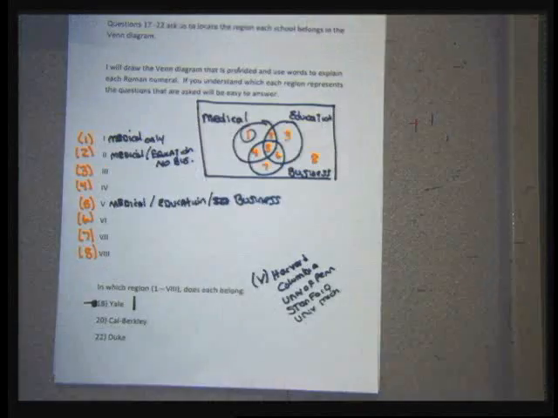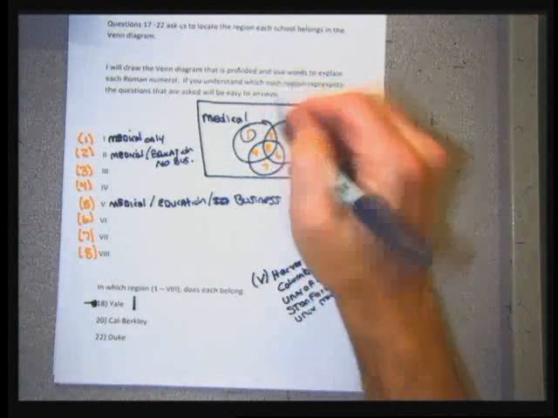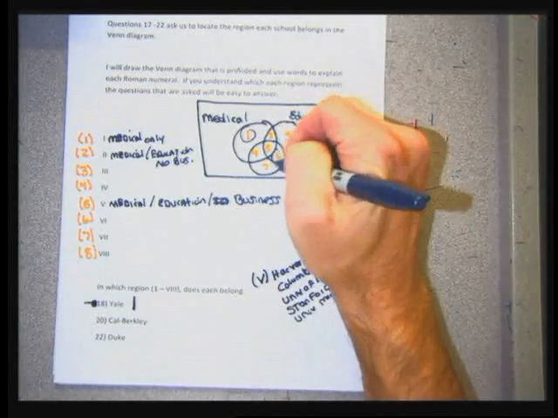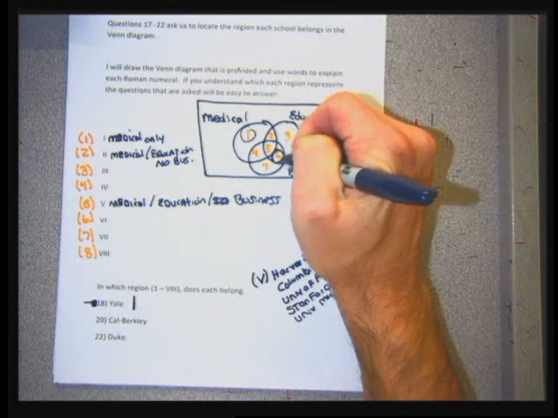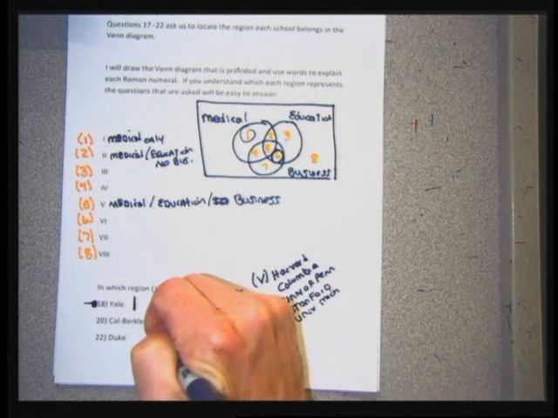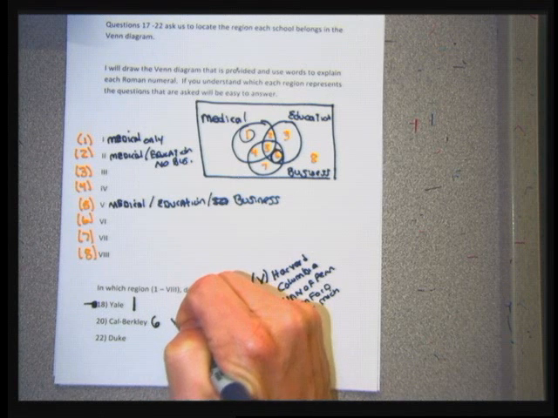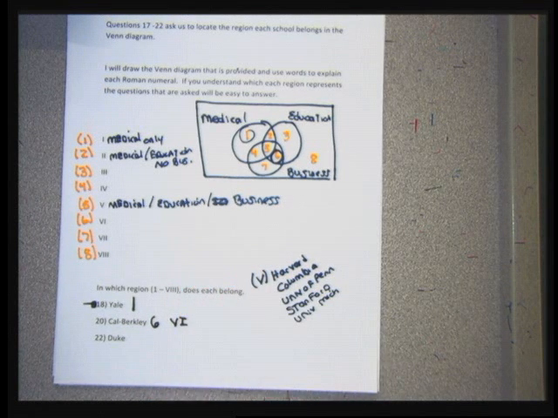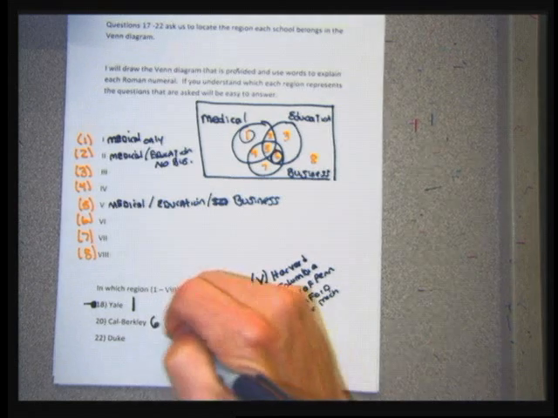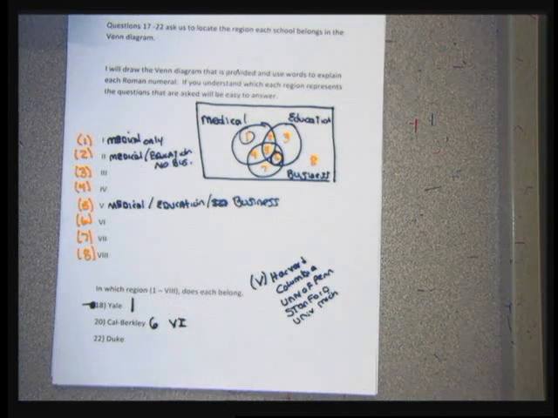Cal Berkeley would go in Region 6 because that's the region that has both education and business but doesn't have medical. And I could write the number 6, or VI as the Roman numeral for 6.